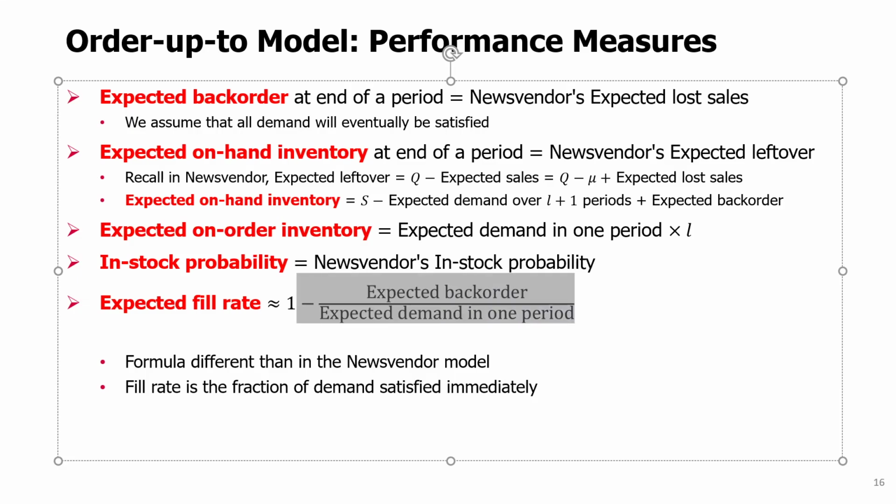And of course, you cannot use the newsvendor model formula. Here, the denominator was the expected demand mu, and this is now equivalent to expected demand in L plus 1 periods, but in the formula for fill rate, we have to put expected demand in one period, not L plus 1. So this is a different measure than in the newsvendor formula.